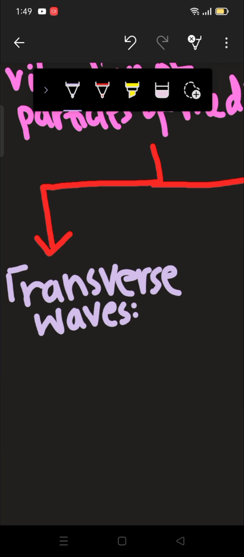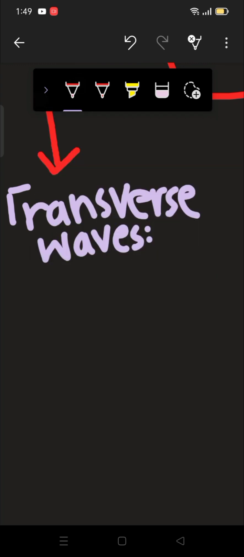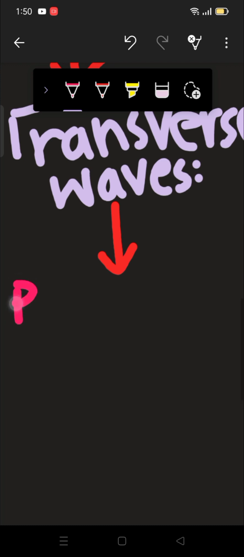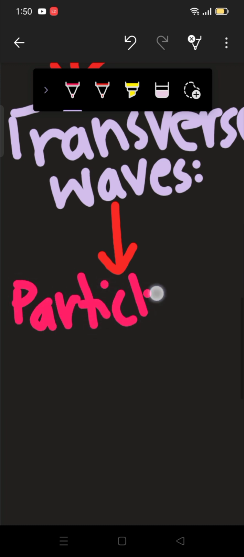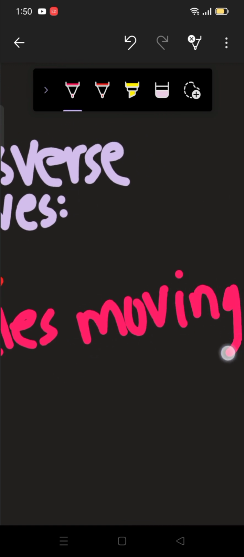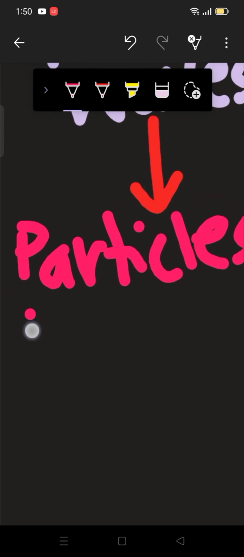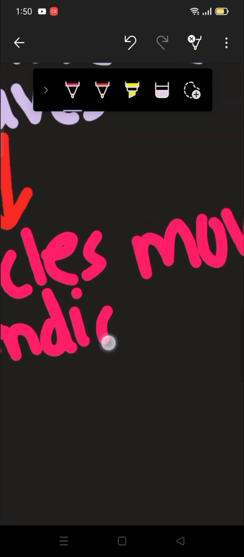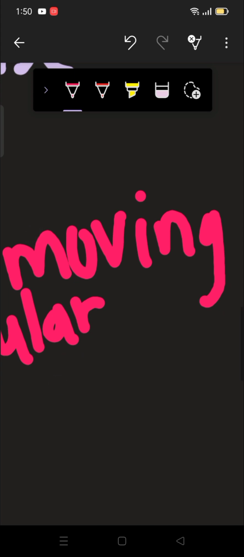And what are transverse waves? The particles would be moving in a direction perpendicular to the direction of propagation. Let me write this definition here so that it can be more clear to you. There would be particles moving perpendicular to the direction of propagation.